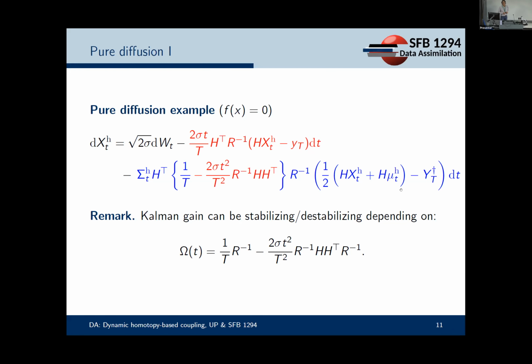Sure, the term at the top can be directed in some directions, but the term at the bottom can be somewhat destabilizing in other directions. No. This is really sort of standard nudging, you could say. This is just a standard nudging. Yeah, so you're nudging in the direction of H, right?